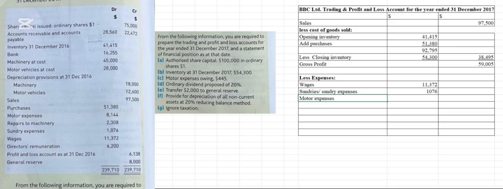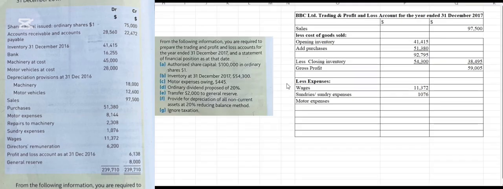While putting your expenses in, it's always good to look between the trial balance and the footnote for important information. If you're unsure on the difference between expense owing and accrual, the difference is that expense owing generally refers to unpaid bill.